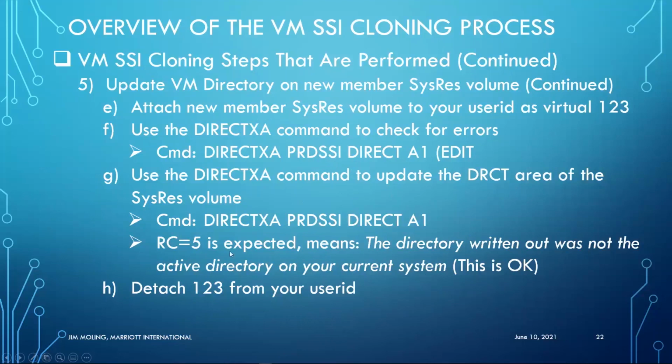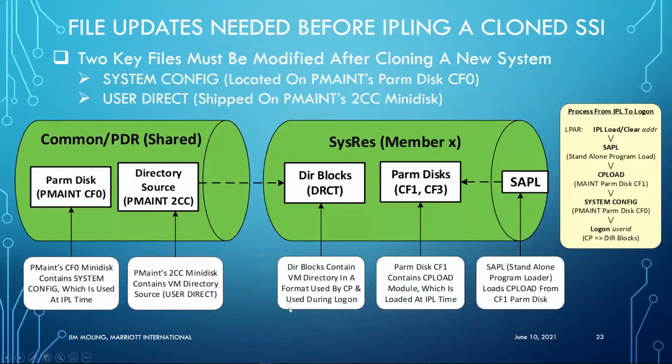And I'm describing what you need to do to put that out on the sysres volumes so that CP can use it, using the DIRECTXA command. This is, again, done by the program, but you could follow this basic script to do that if you needed to. It's just informational.